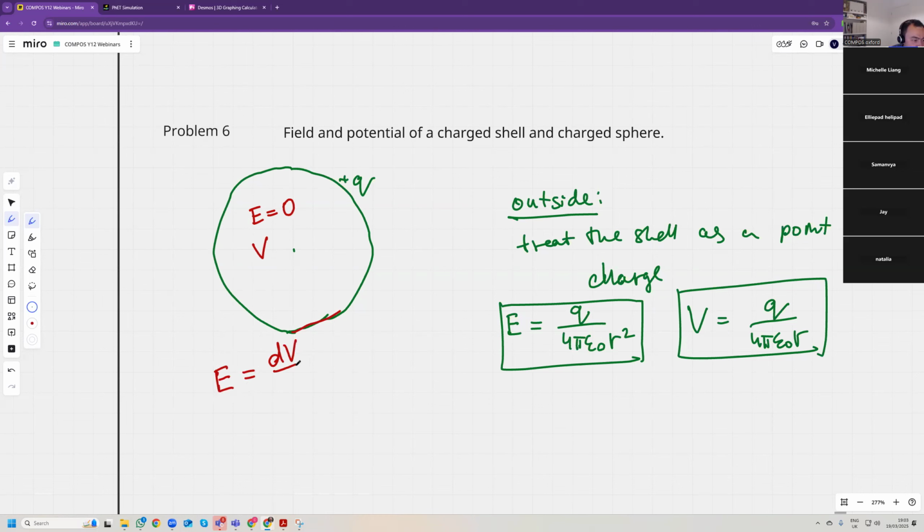We can sketch the graph. So this is the electric field, and this is the distance. This is the surface of the sphere. This is the radius of the sphere, r. And we know that the electric field inside the sphere is 0.